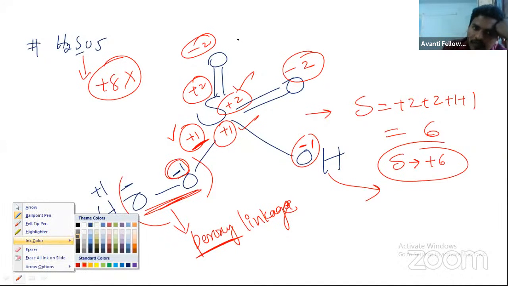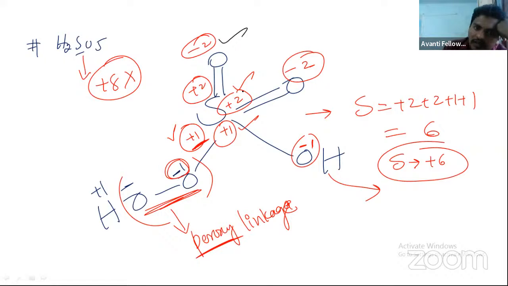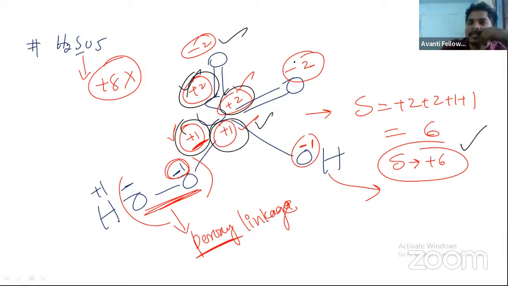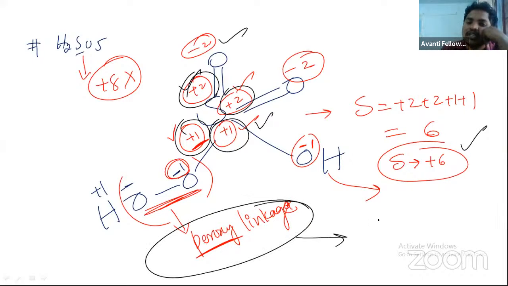Then if you see this is also -2, here you are having +2. So +2, +2, +1, +1. That's why you are going to get +6. Is it clear now? So due to the presence of peroxy linkage, +8 is wrong, +6 is correct.